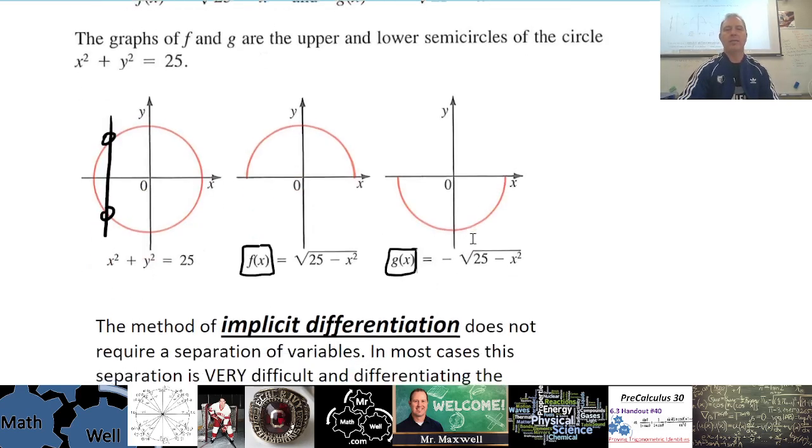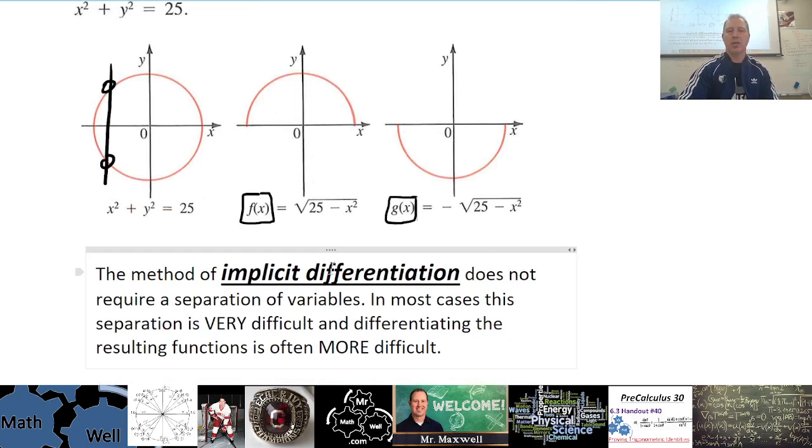Well, the whole point is that implicit differentiation, what we're studying today, does not require a separation of variables. And so this equation right here is actually pretty easy to separate the variables, but in a lot of equations, it is nearly impossible to separate the variables. And being that it's so difficult to separate the variables, differentiating the resulting equation or equations there would be even more difficult.